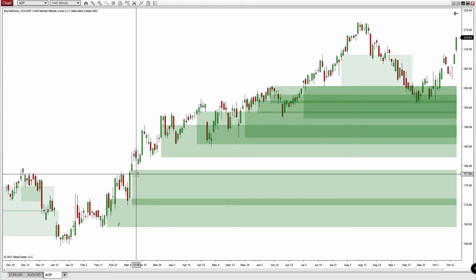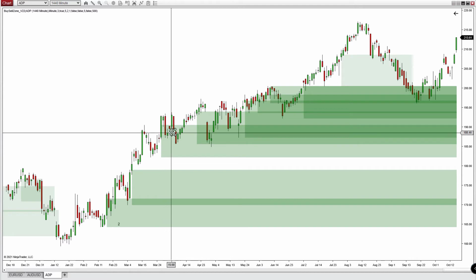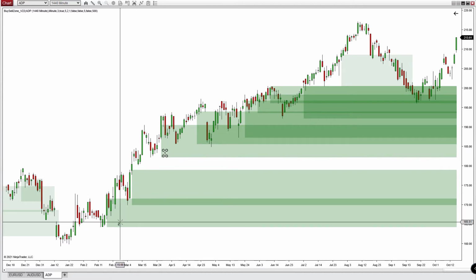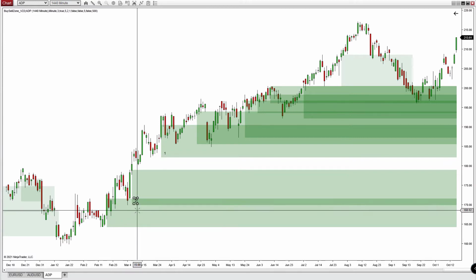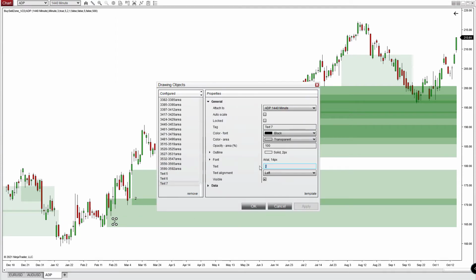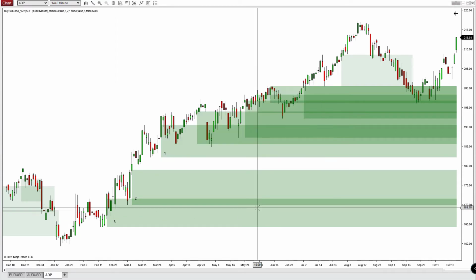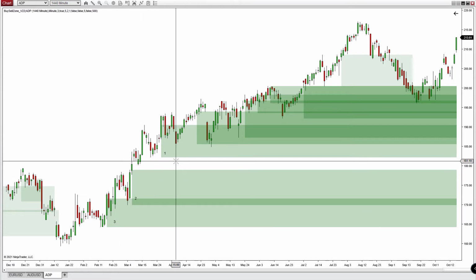Here we go, we have another zone. So now this zone is going to be my zone 1. This is going to be my zone 2. And then, copy paste. This is going to be my zone number 3. All right, so now I have 1, 2, and 3.